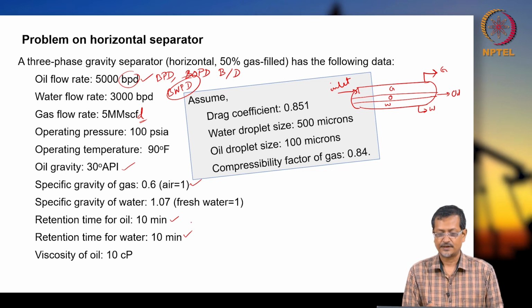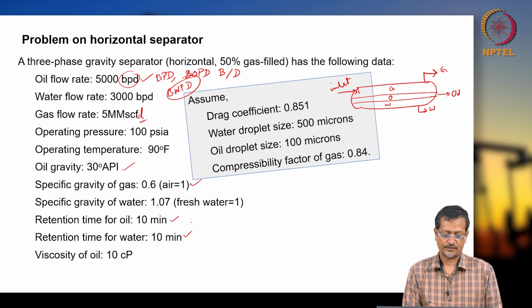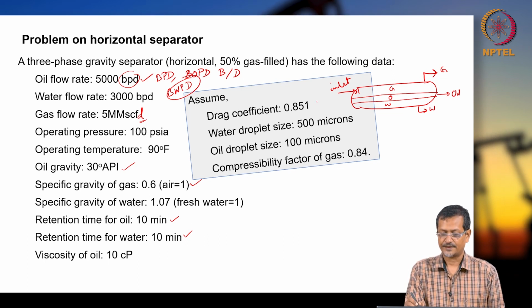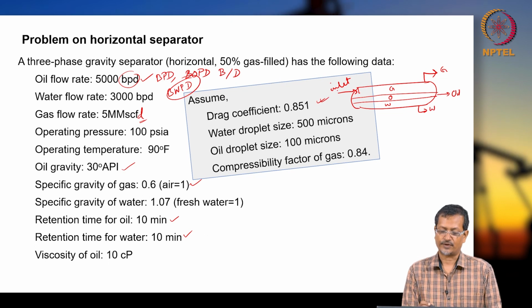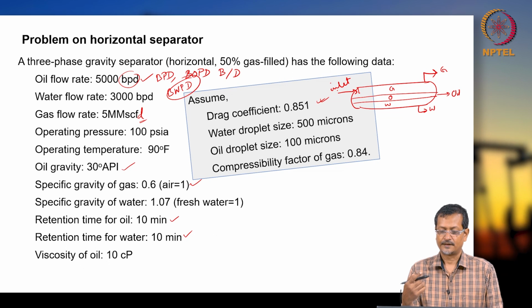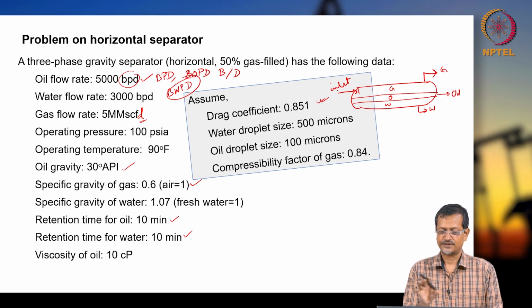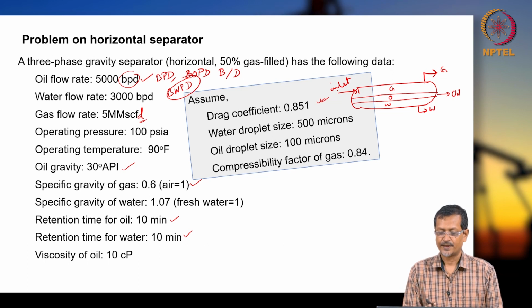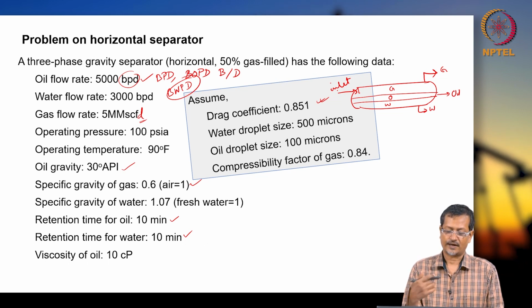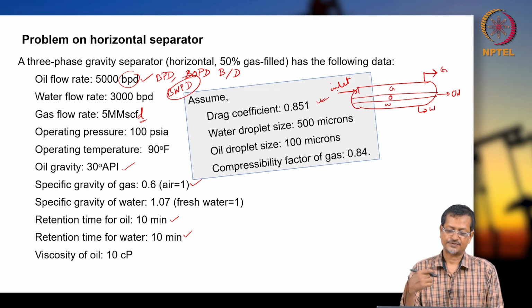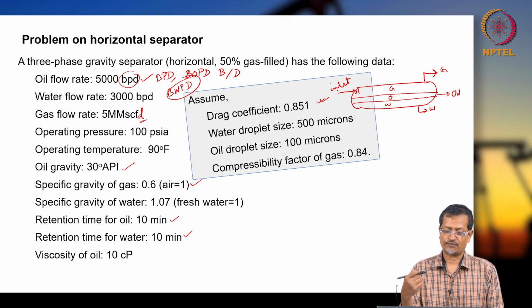Viscosity, we are assuming oil viscosity of 10 cp, and we are assuming some more data, like drag coefficient 0.851. Normally it is calculated using an iterative process, but presently, just for simplification, I am giving one value for drag coefficient. If we ask you to calculate drag coefficient, then actually you have to start with a CD value, that coefficient of drag.